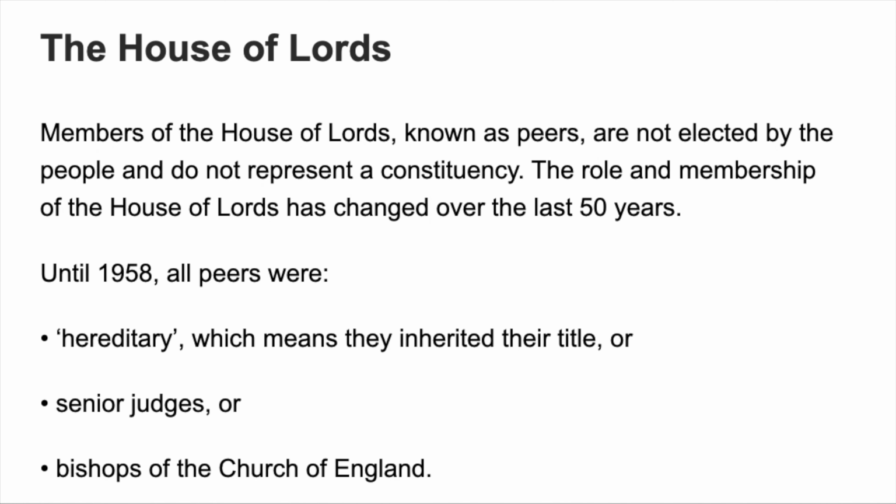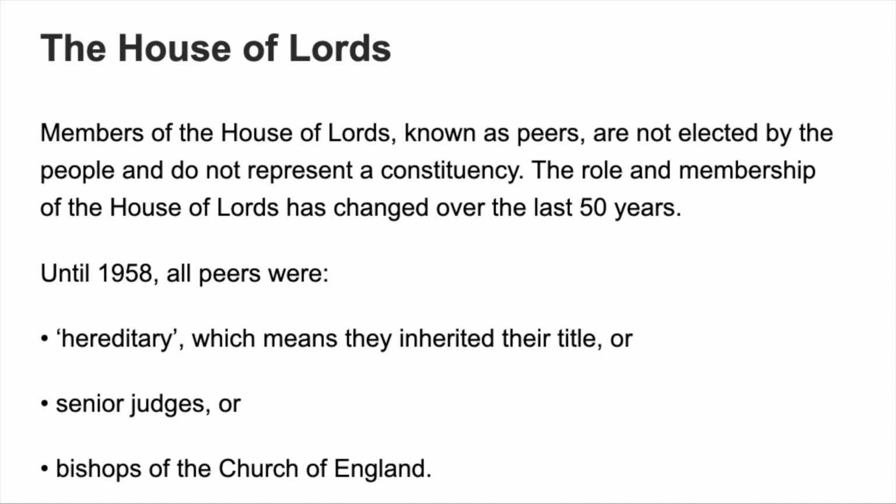The House of Lords. Members of the House of Lords, known as peers, are not elected by the people and do not represent a constituency. The role and membership of the House of Lords has changed over the last 50 years.